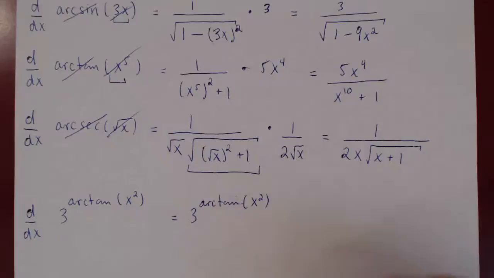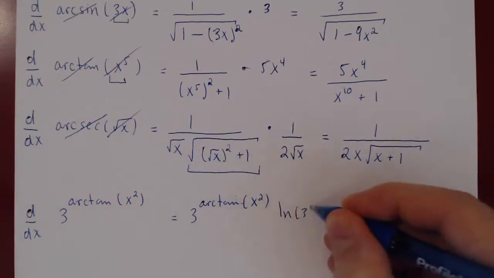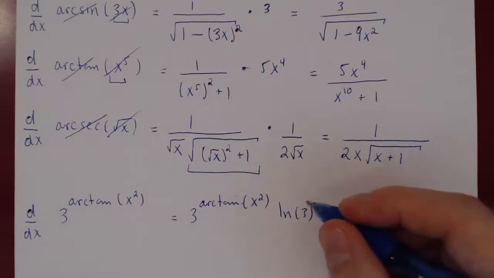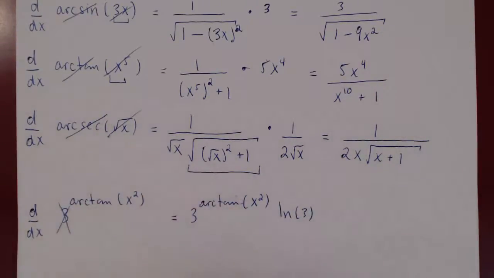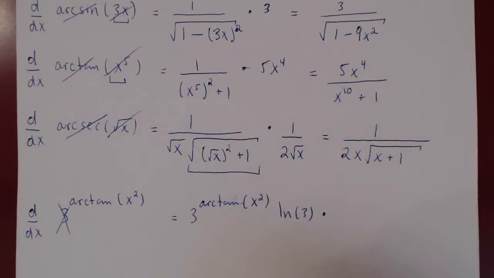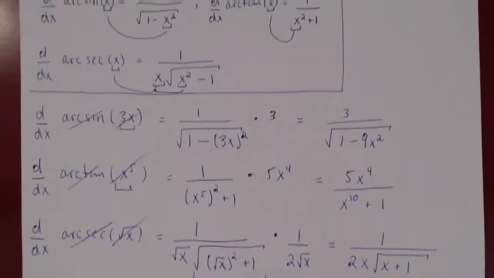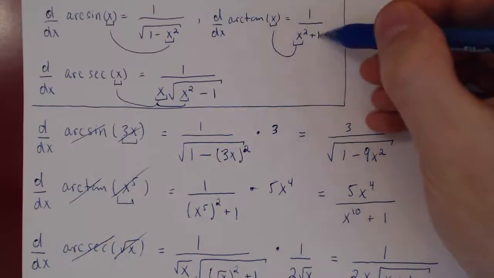times the natural logarithm ln of the base, which here is 3. But that's just the derivative of the exponential function base 3. We still have to multiply what we have so far by the derivative of what's left over, and that is arctan of x squared. Remember that the derivative of arctangent is 1 over the argument squared plus 1.